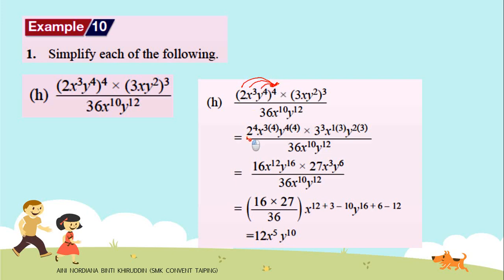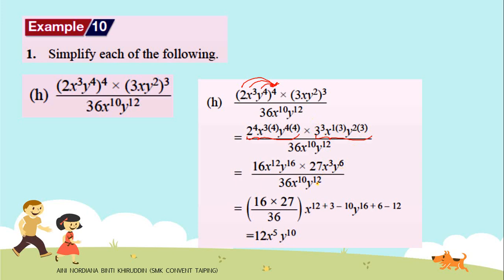Then for the second bracket, 3 cubed, x to the power of 1 times 3, y to the power of 2 times 3. So solve these two first. 2 to the power of 4 is 16. x to the power of 12. y to the power of 16. 27 here is 3 cubed. x, 1 times 3 is 3. 2 times 3 is 6.